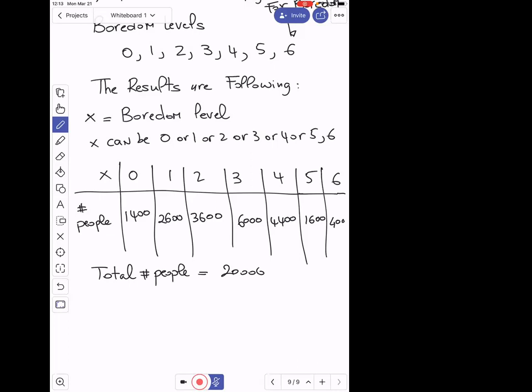So what I'm gonna do, first, before the probability distribution, let's say you want to find the probability of randomly choosing someone, out of the 20,000, with boredom level equal to 4, for example.